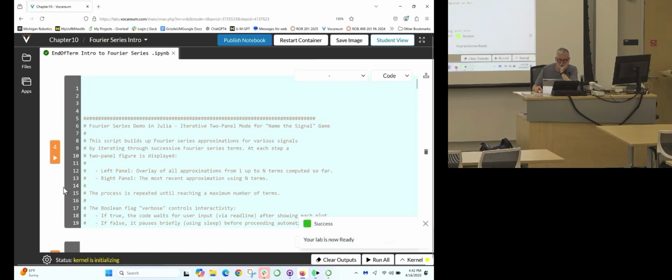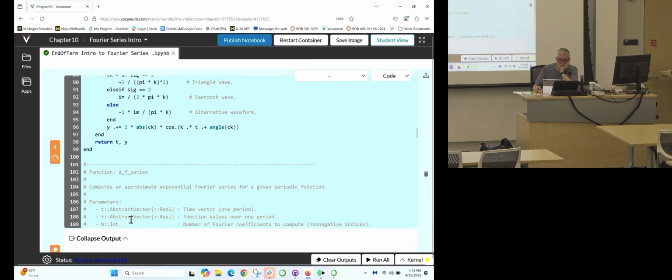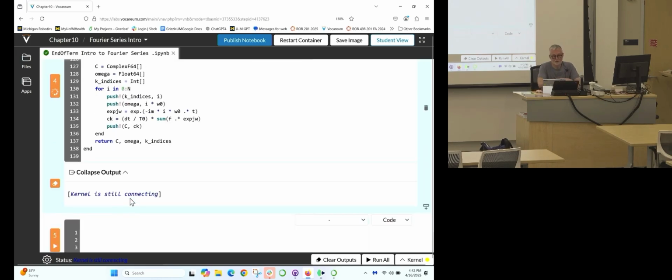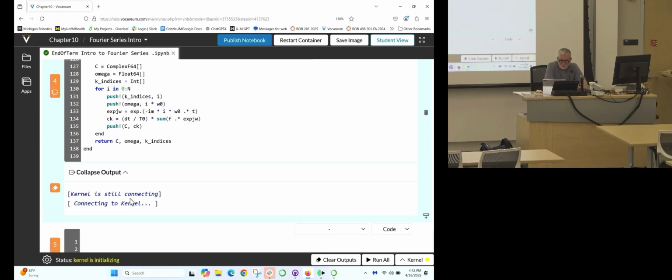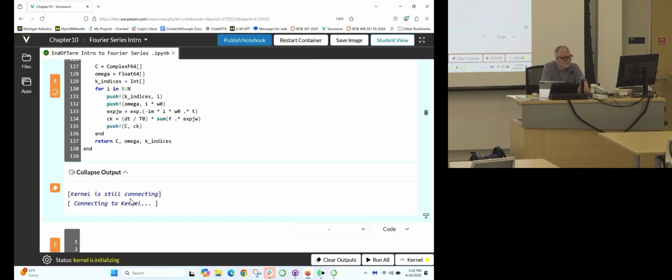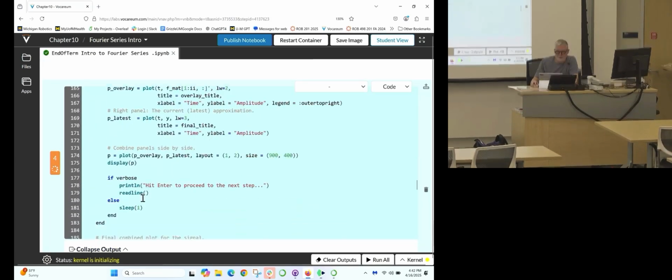Okay, now we got it going again. Kernel still connecting. Sleepy today. What did I do wrong? Kernel's a little sleepy today. Looks like I'm getting there. It's happened enough times that I don't freak out anymore. I just sit here patiently and punch buttons. Well, maybe not so patiently. Come on, it's not that hard.